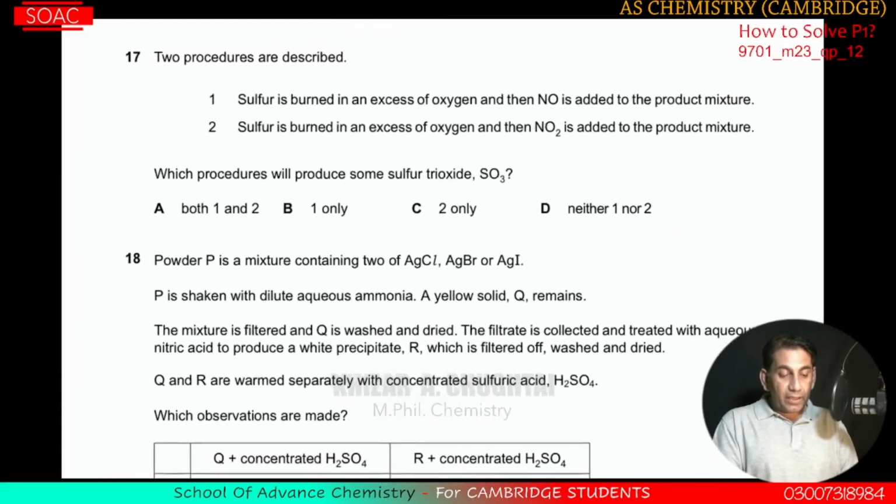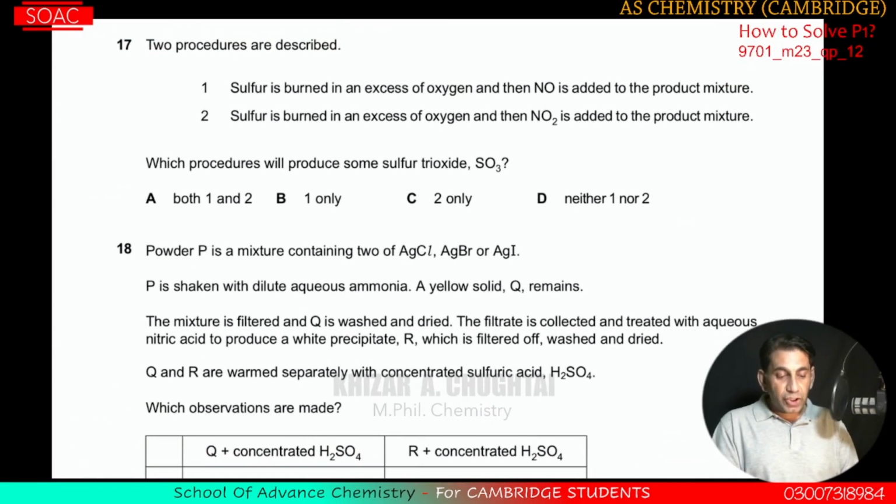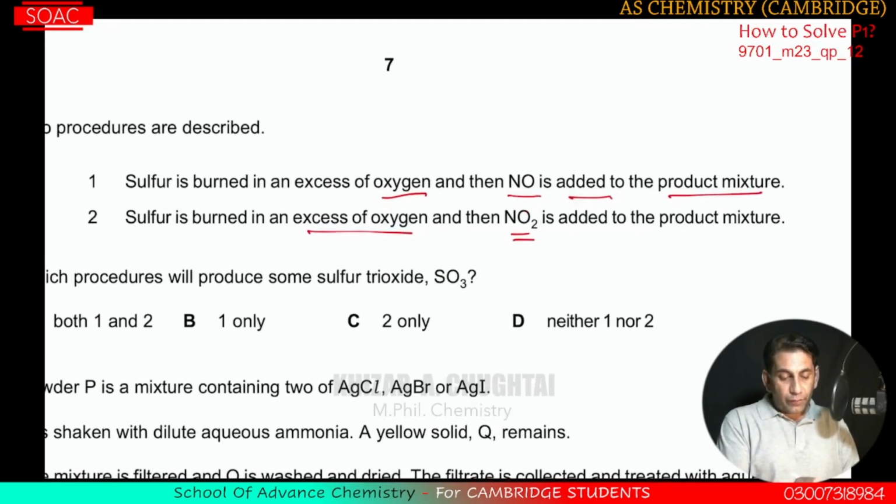Question number 17. Two procedures are described. Number 1, sulfur is burned in excess oxygen, then NO is added to the product mixture. Number 2, sulfur is burned in excess oxygen, then NO2 is added to the product mixture. Which procedure will produce some sulfur trioxide? Basically, once sulfur is roasted with oxygen, it is going to make SO2.